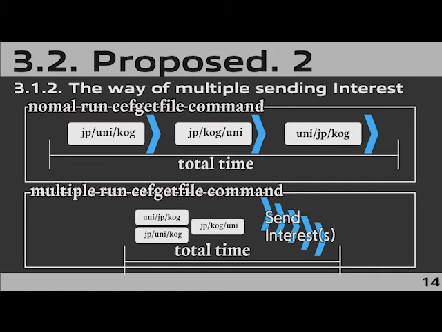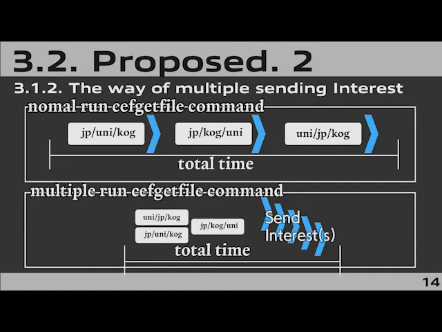This cefgetfile command is implemented as a sequential processing command, so the time required to process multiple interest packets increases linearly with the time required to send an interest packet only once. Therefore, we try to reduce the processing time by implementing parallel delivery.